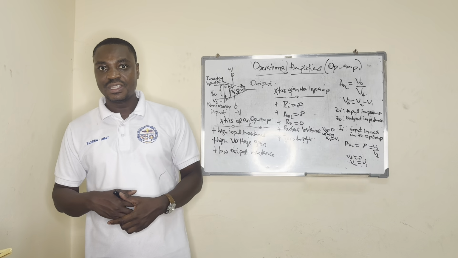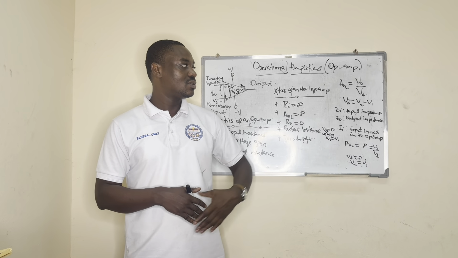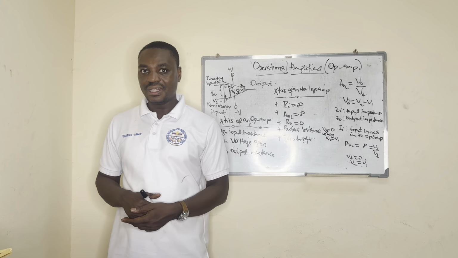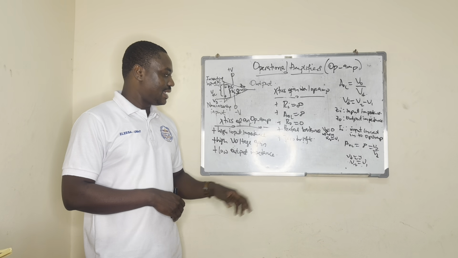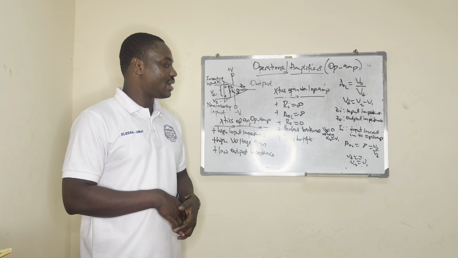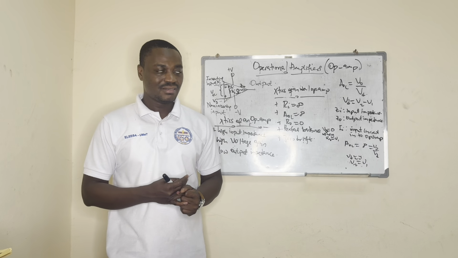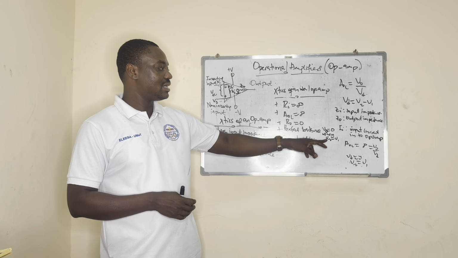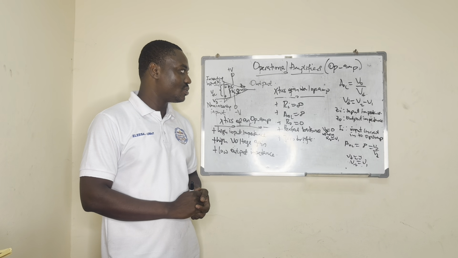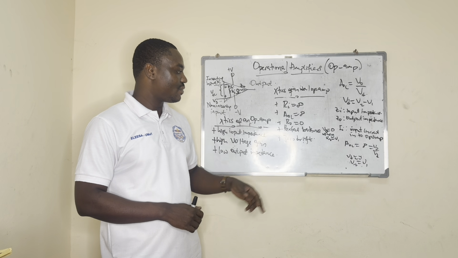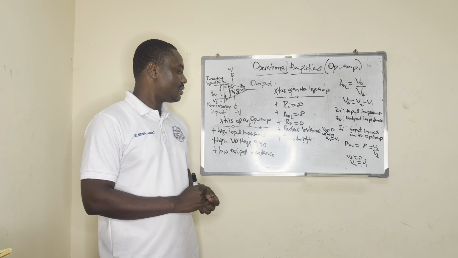So if they are both the same, the differential voltage is equal to zero, and then you have an infinite open loop voltage gain. That is what we refer to as having a perfect balance. So when the output voltage is zero, V2 is equal to V1, and you also have zero drift.